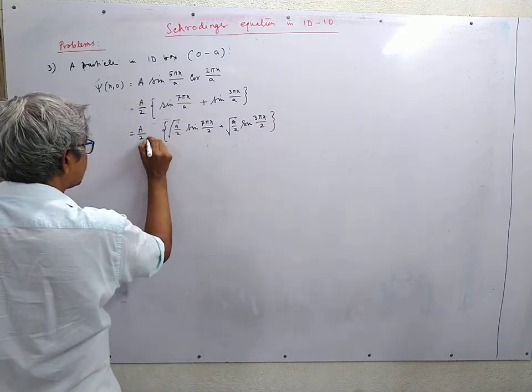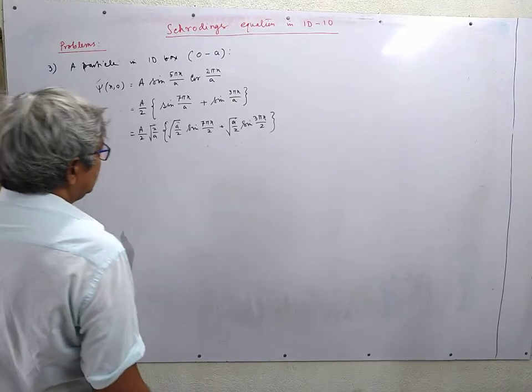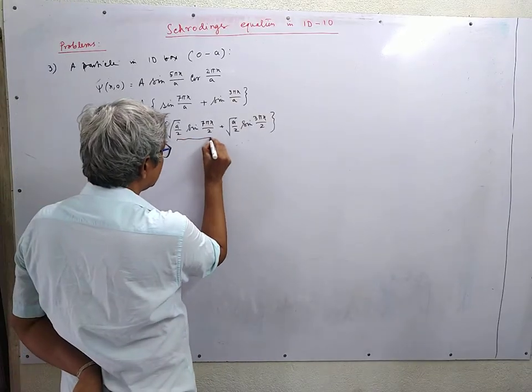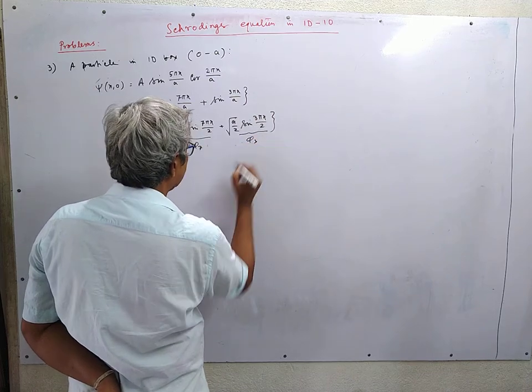So this factor has to be adjusted. You see, this is normalized phi 7, this is normalized phi 3.